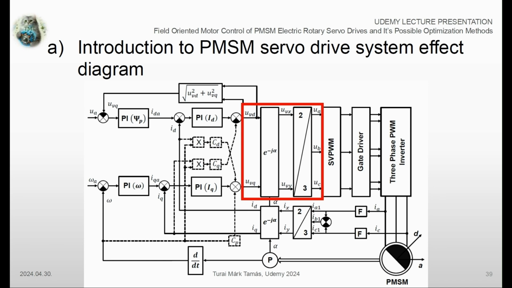From the currents in the XY plane, the A, B, and C phase currents can be calculated with the help of the inverse Clarke transform. The SVPWM algorithm is responsible for utilizing the available DC link voltage in the most efficient way possible. For this, we are going to get familiar with the basic scalar equations needed for determining the final requested phase voltage values.